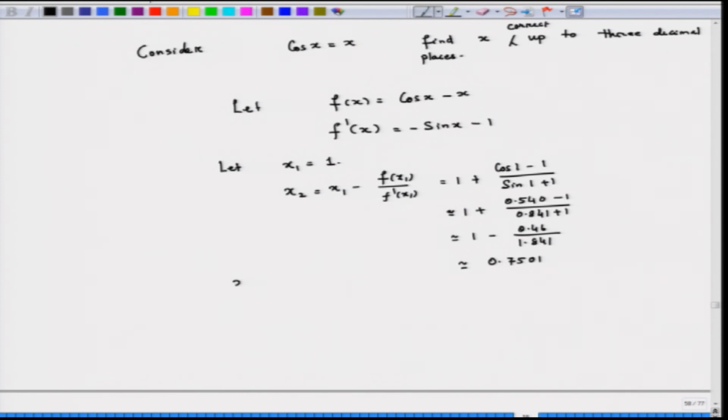Now, we will find x 3. x 3 is going to be x 2 minus f of x 2 by f prime of x 2.